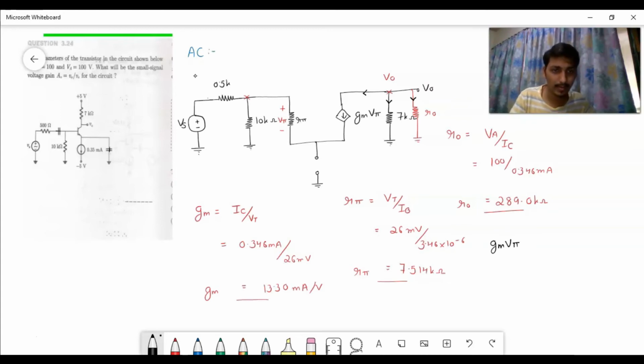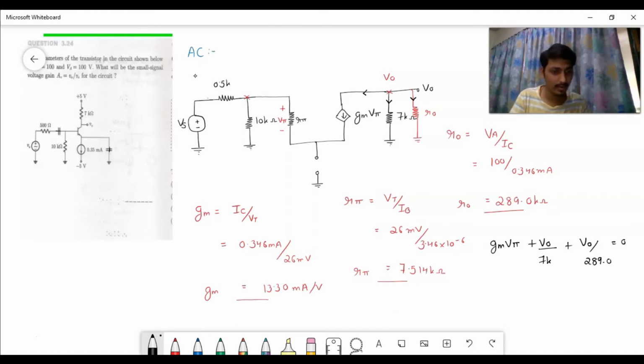All three are outgoing: gm V pi plus V0 by 7K, plus V0 by r0, which is 289 kilo ohms, equals 0.